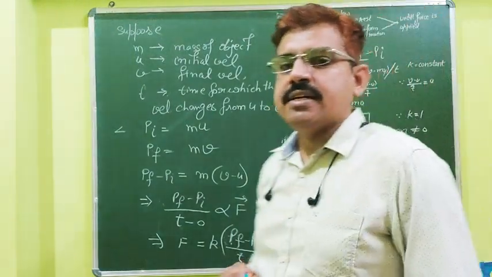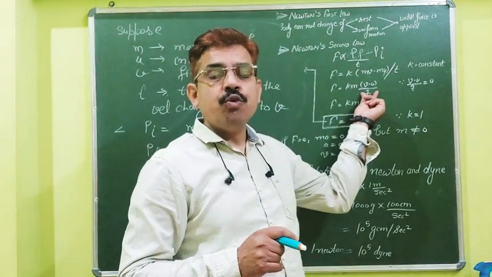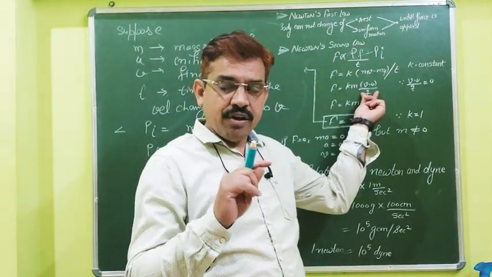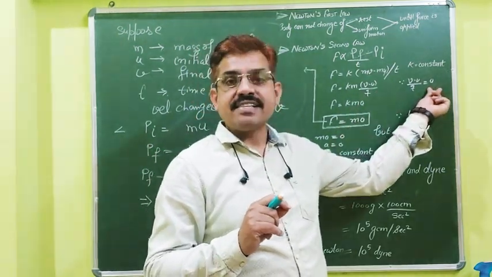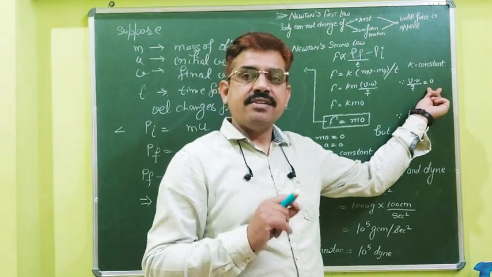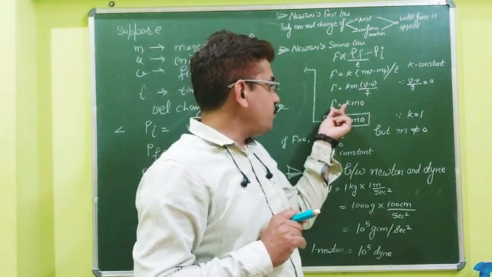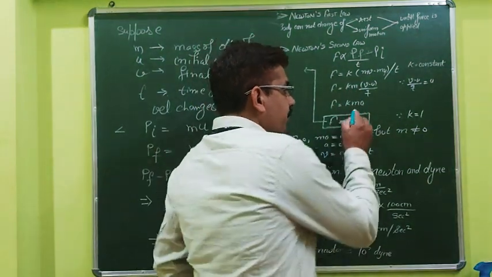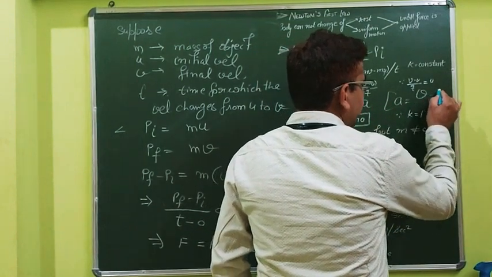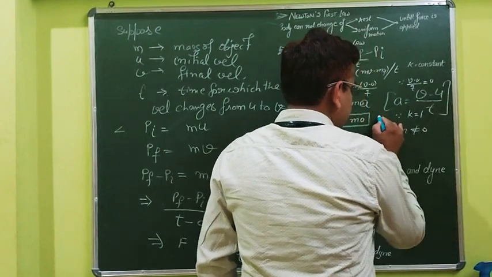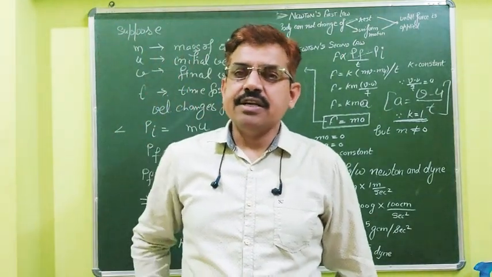As we already discussed, (v minus u) over t is the change in velocity over time, and change in velocity over time is called acceleration. So the rate of change of velocity is called acceleration, but m remains fixed. So F is equal to k m a, since a is equal to (v minus u) over t, and the value of the constant of proportionality k is equal to 1.